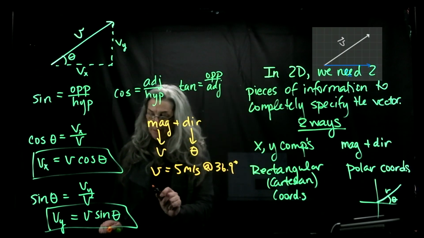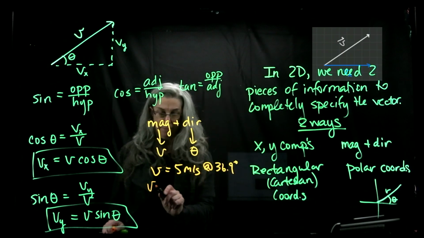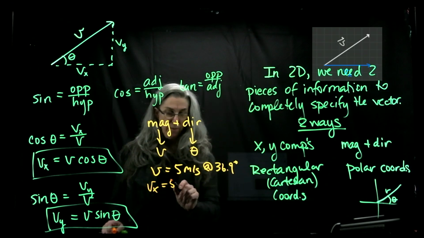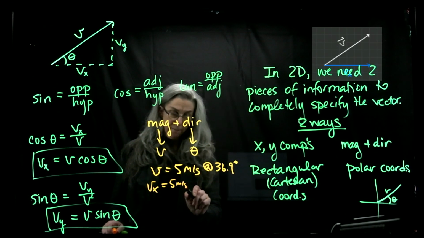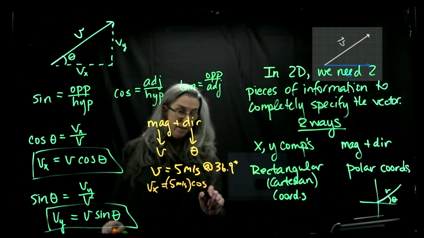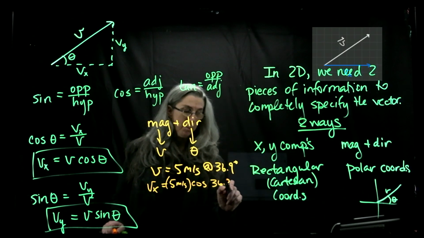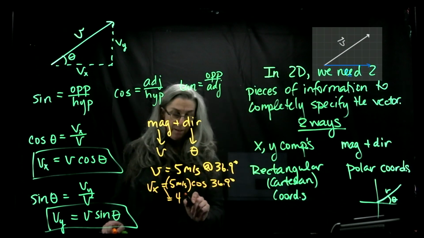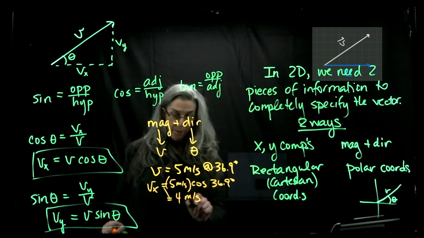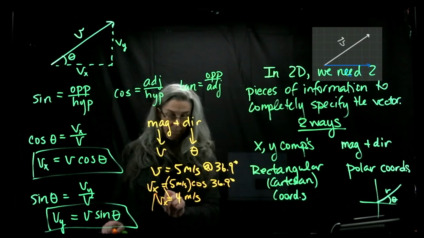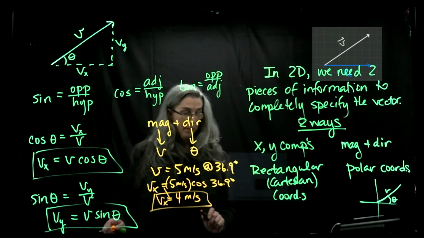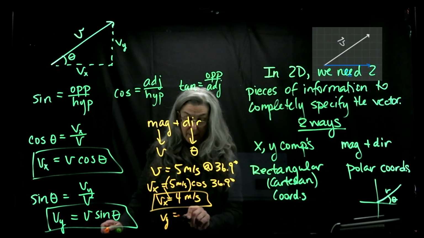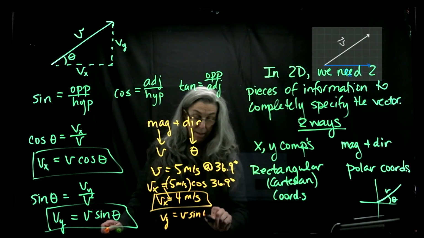You could find the x component by taking the magnitude, which is the 5 meters per second, times the cosine of the angle, which is our 36.9 degrees. Plug that in, and to 2 sig figs, you get 4 meters per second. And you do the same thing for V sub y with the sine, V sine theta.